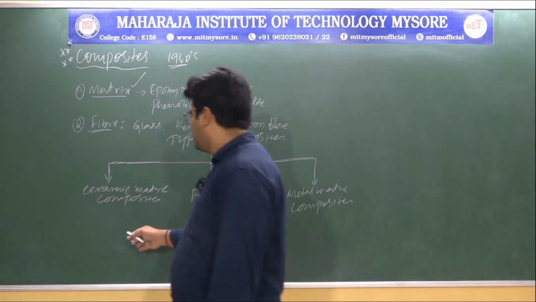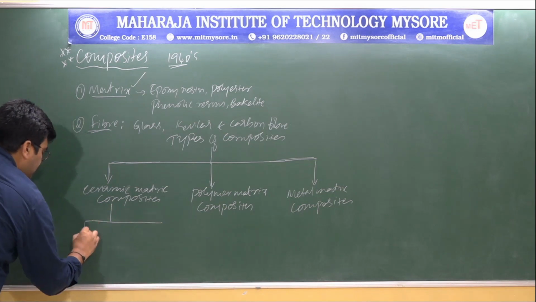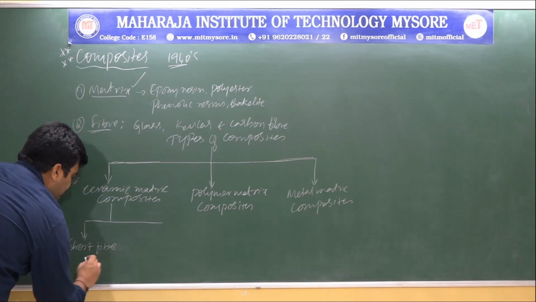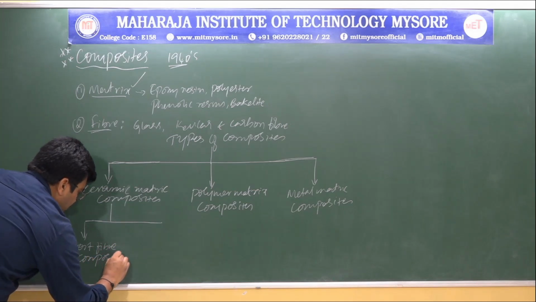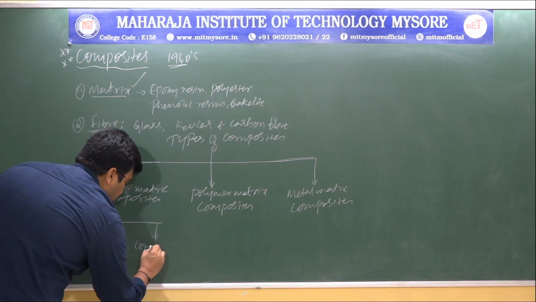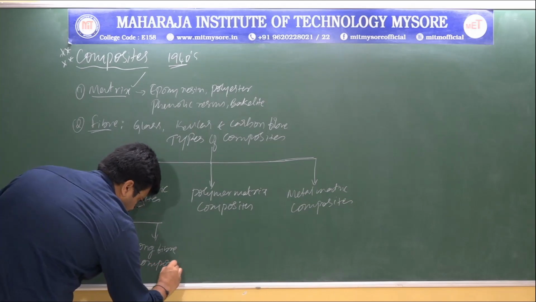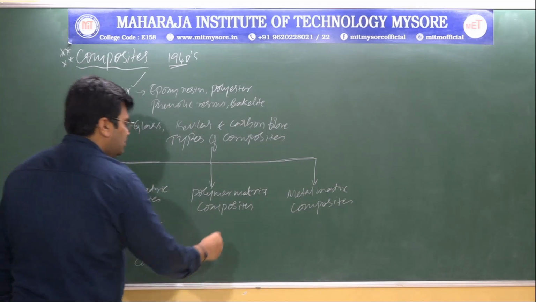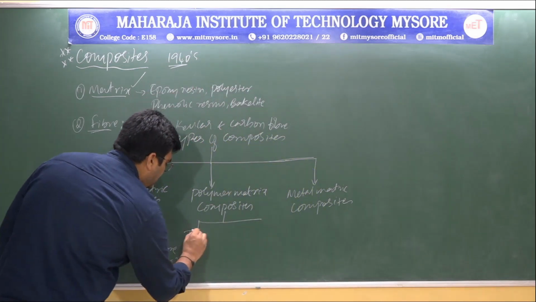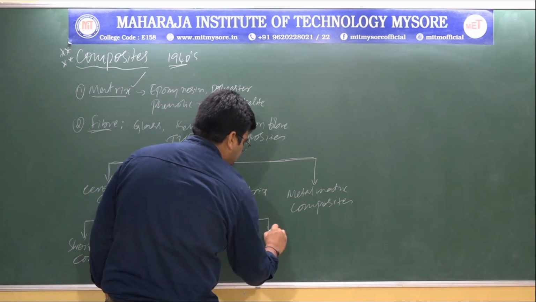Right. So these ceramic matrix composites can be further classified into two types. One is short fiber composites, and the other is long fiber composites or continuous fiber composites. These polymer matrix composites can be classified into thermosets and thermoplastics. See, this is important.